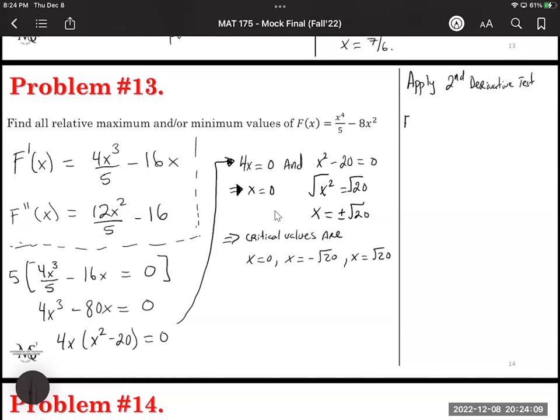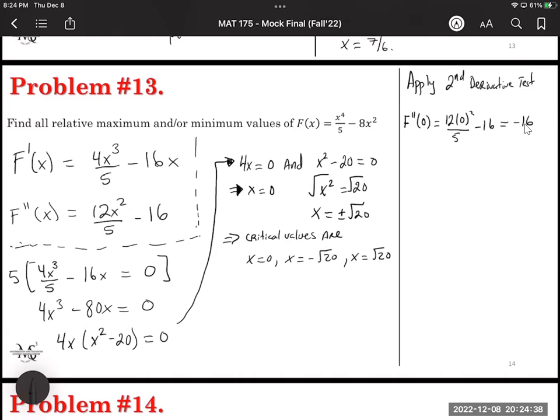So this is going to be f double prime of 0. So this is 12 times 0 squared over 5 minus 16. Now, if I work out the computation here, what would be my solution? Negative 16. And what do I know about negative 16?